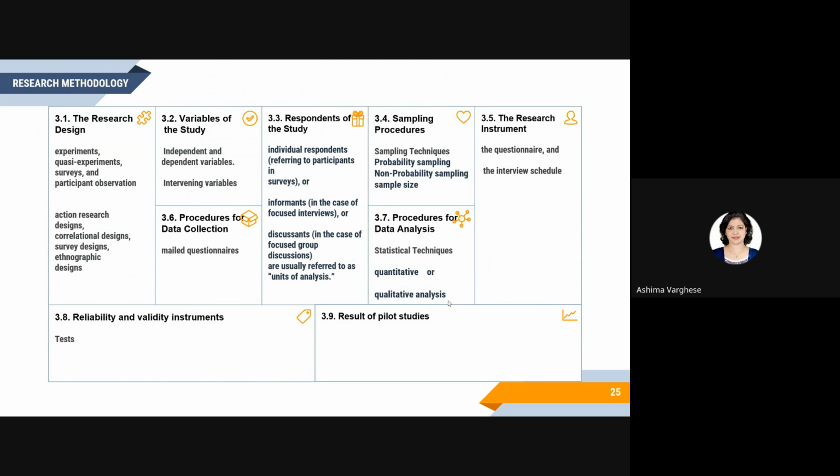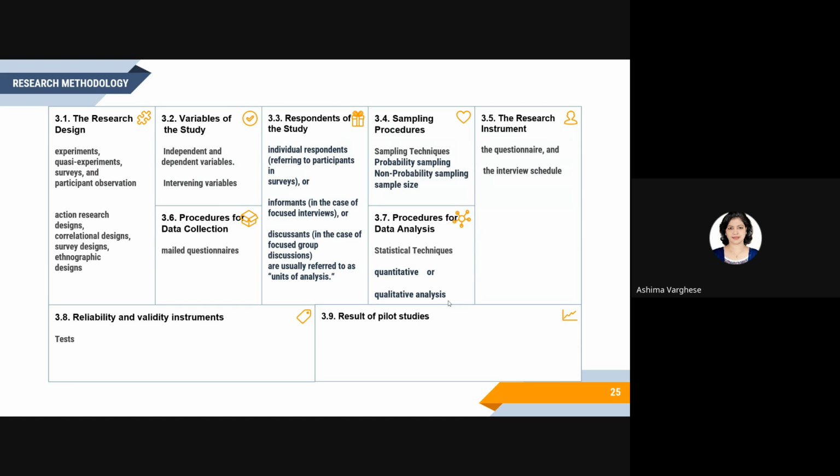The research design is a plan, a structure, and a strategy of investigation. The plan is the overall scheme to be followed in conducting the research. This is a more specific outline of how your variables are operationalized. See, the research design may contain some experiments, if you are performing a lab experiment or quasi experiments.